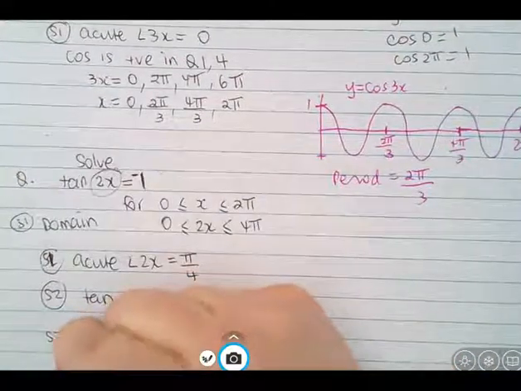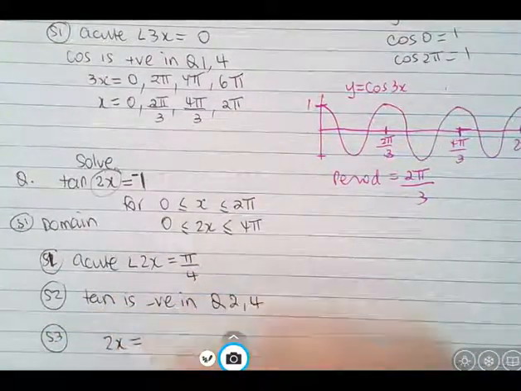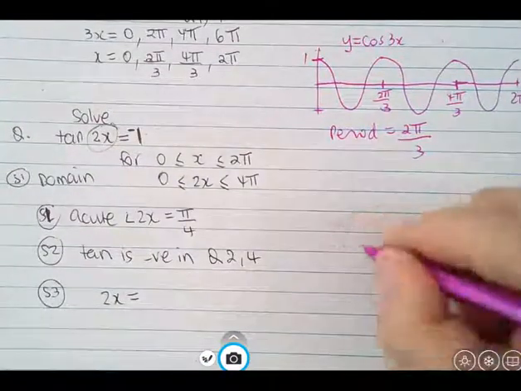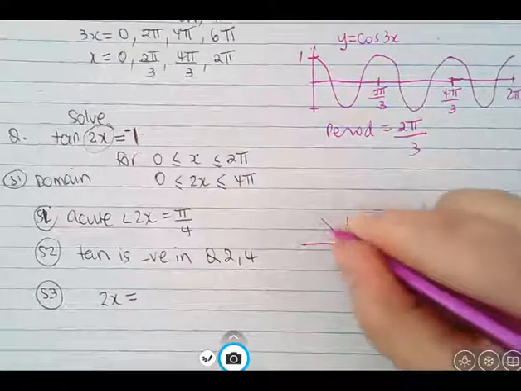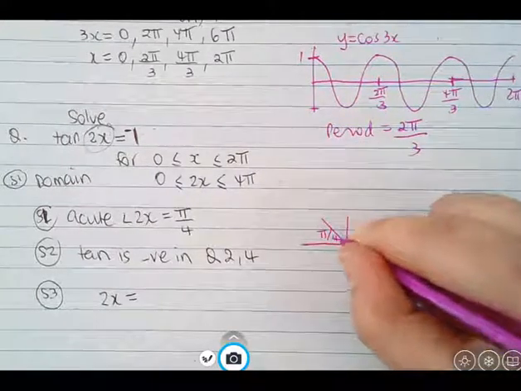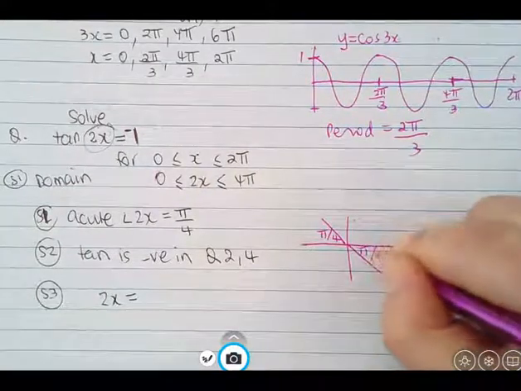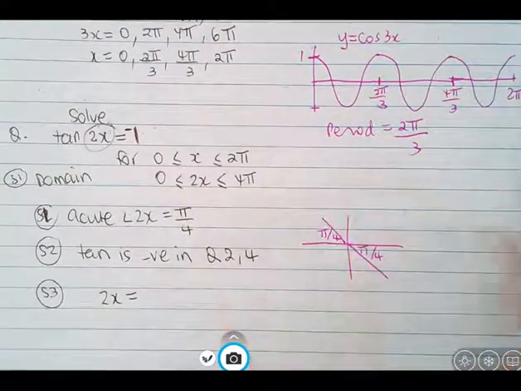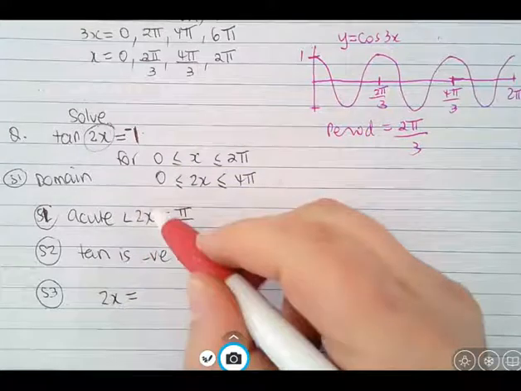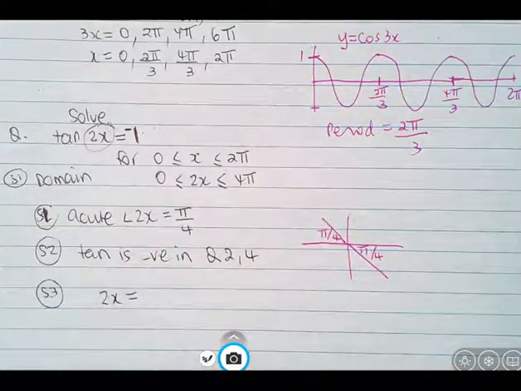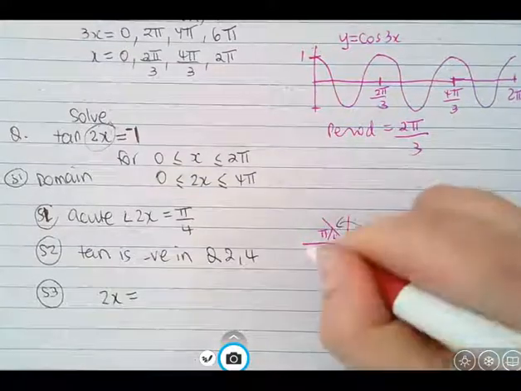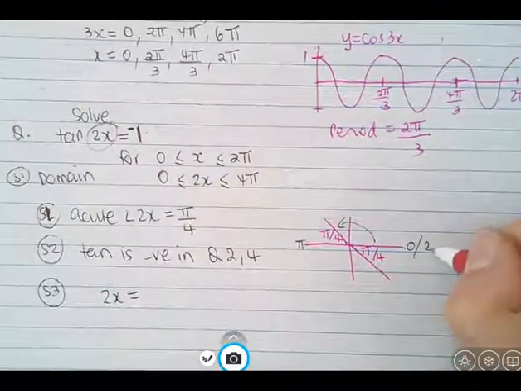Now we write out our solutions. So 2x equals, you do a sketch, and your acute angle is pi on 4 in 2 and 4. And then you read them off. Same first step, except you've got to write 2x. Same second step. Now read off your answers. What's that? Well, it's nearly pi, but we're short, how much?